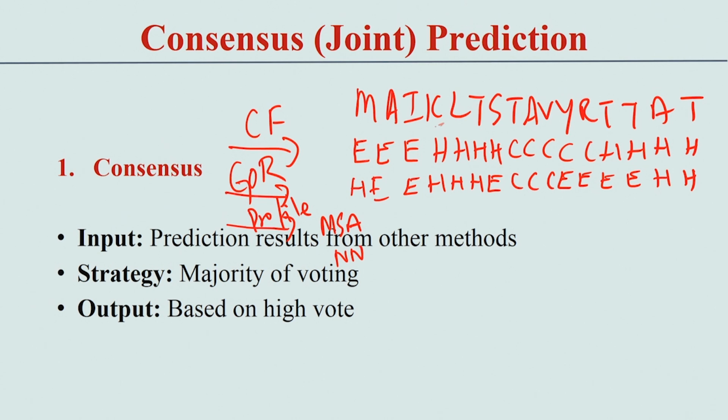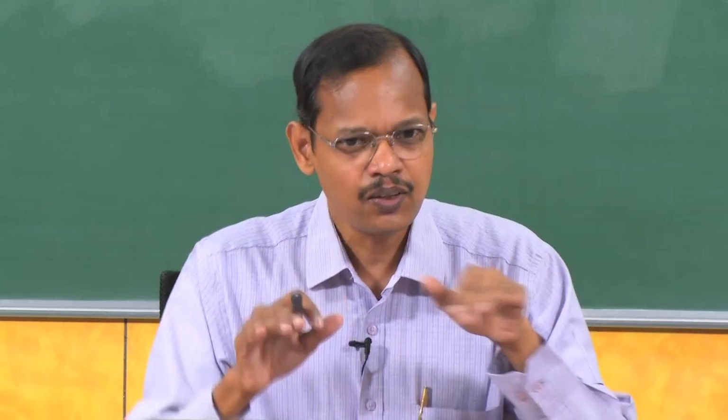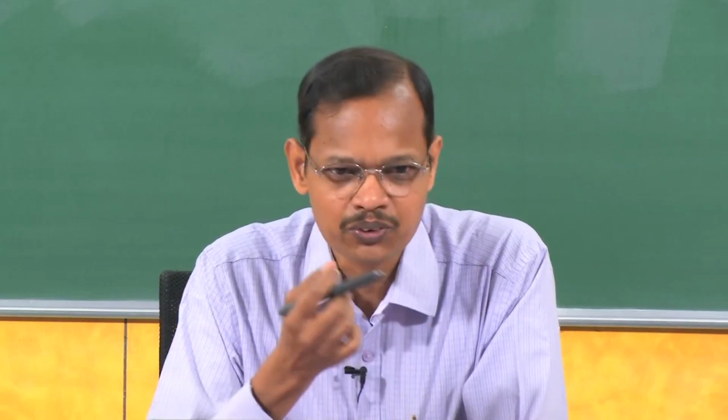For example, in this region, if all methods predict helix, or by majority voting, if you have 11 methods and 8 methods predict a particular structure like helix or strand, then we can assign that residue as preferring to be in helix or strand. So, now we can compare with the experimental data in the known database and see how far we can improve. If we do this consensus method, or joint prediction method, they found that it could improve the performance compared with any individual method.